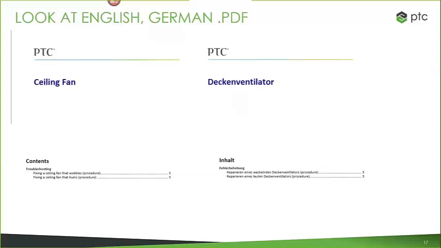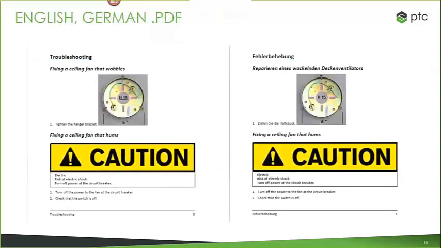So the next thing I'm going to do, just to make sure I understand the problem, is I go into Arbortext Editor, and now you see I'm actually in the libraries and in the translated library where the translated content is stored. I drill down into the German folder for the ceiling fan product and the XML content.